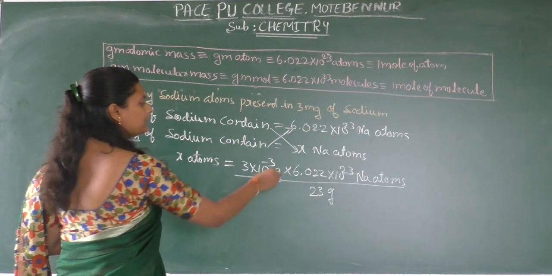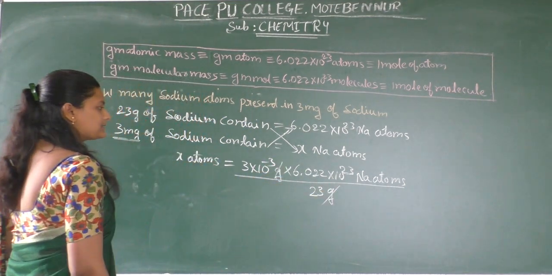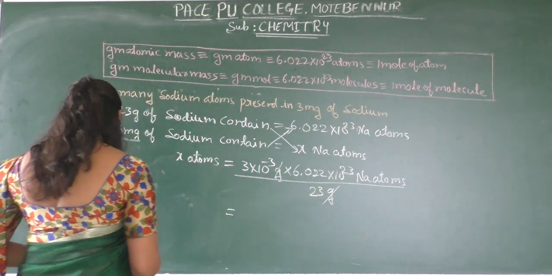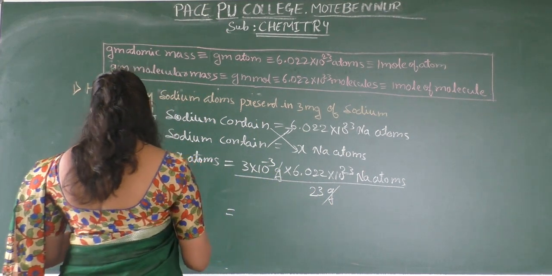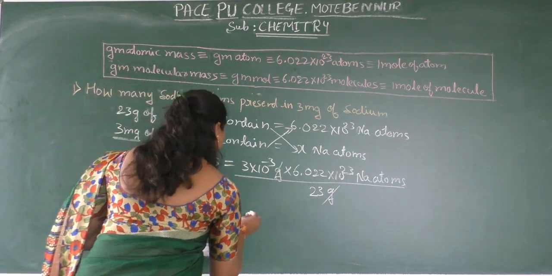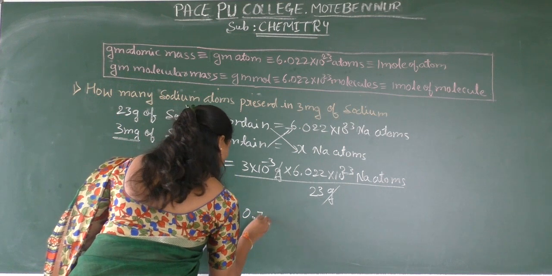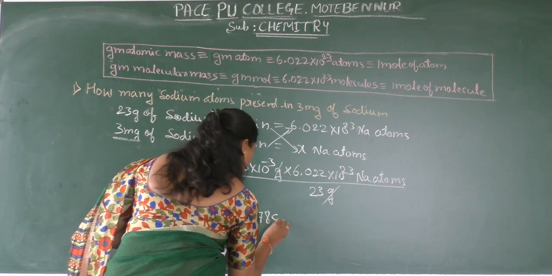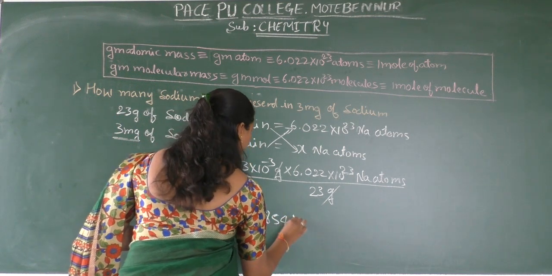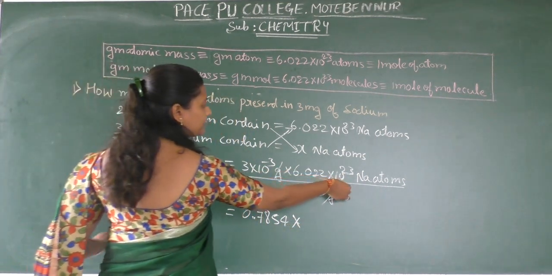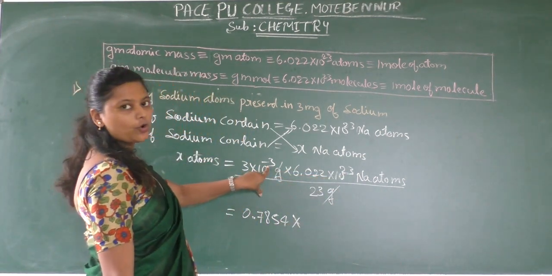Okay, so here gram will get cancelled. The answer is 0.7854 into 10 raised to 23 and 10 raised to minus 3.